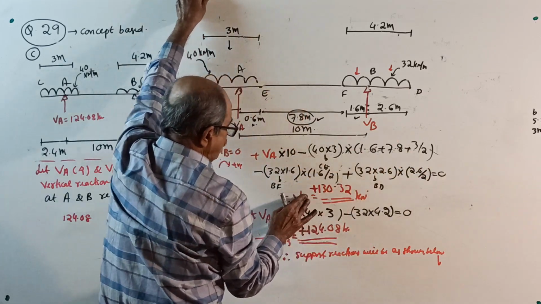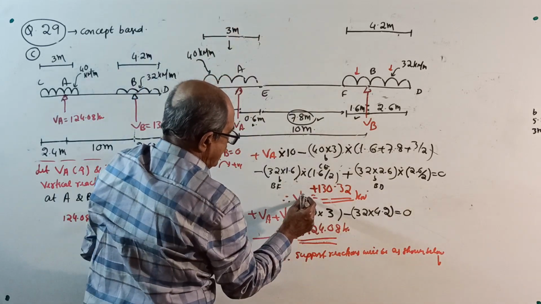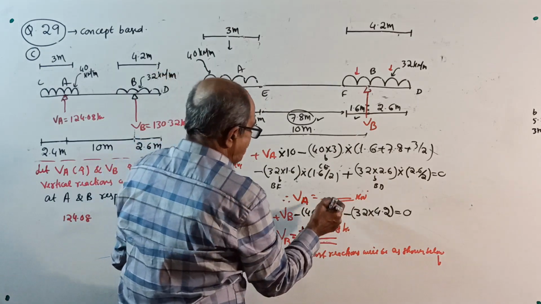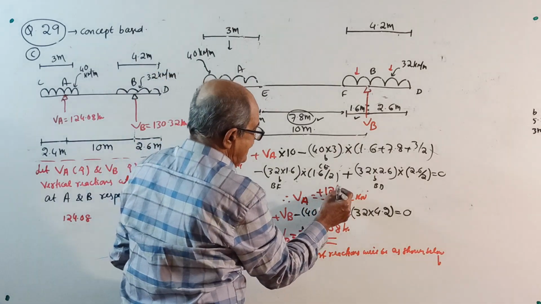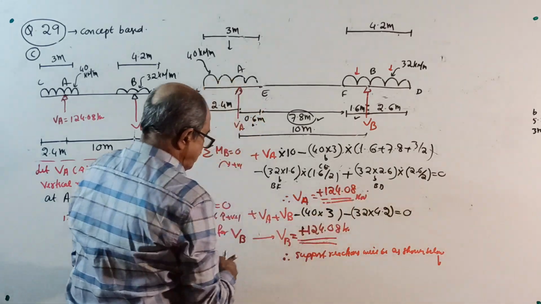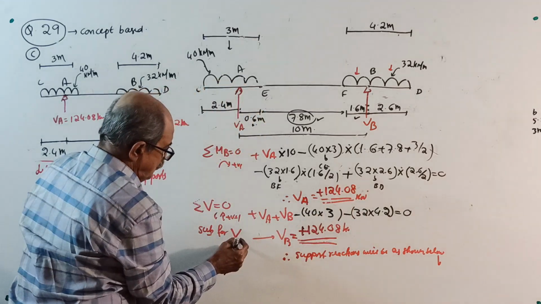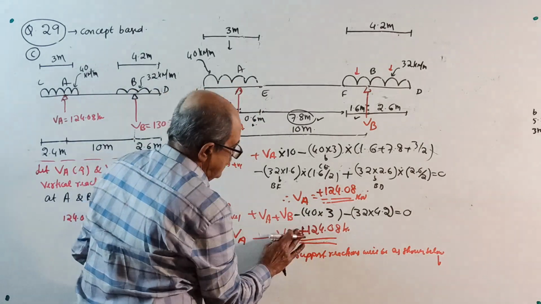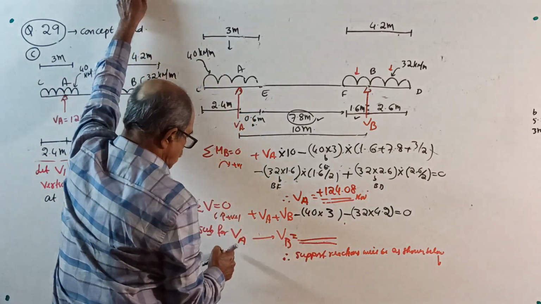You will first get the value of VA now. Okay, VA will come, I will calculate: 124.08 kilonewton.